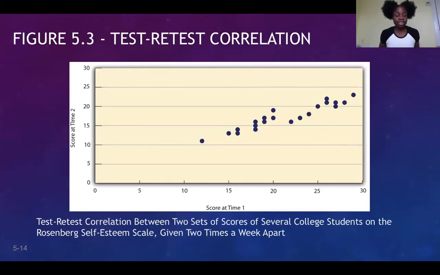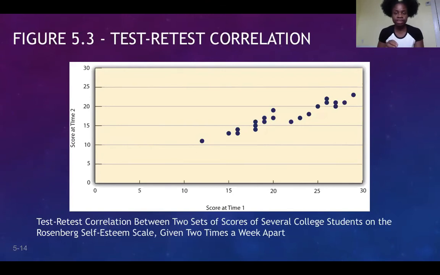Again, this figure 5.3 in my book is of a test-retest correlation between two sets of scores of several college students, okay? These scores in particular are on the Rosenberg self-esteem scale, which is given 2 times a week, and you can see that on the bottom, okay? Just so you guys remember, right?